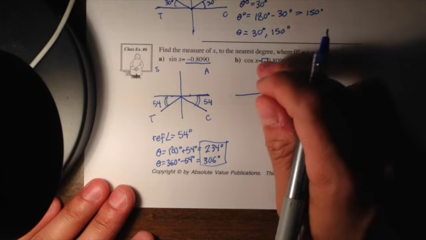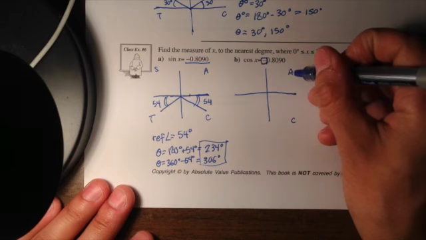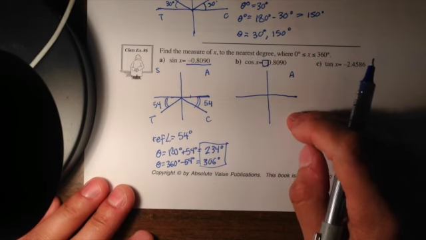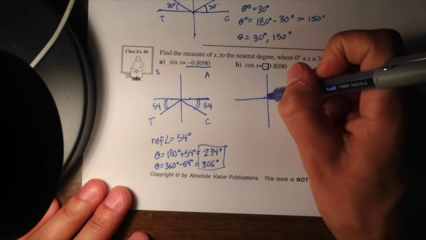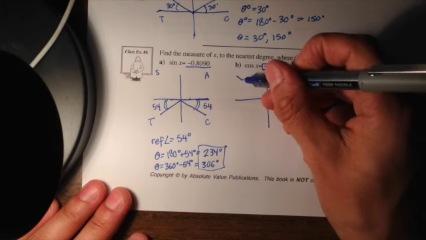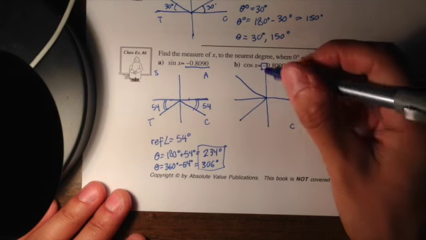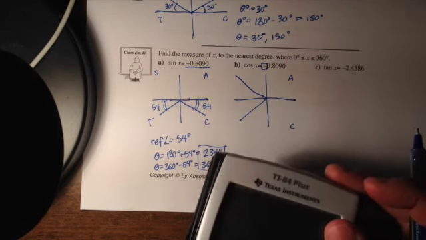Since I know that I add sugar to coffee, my cosine ratios are positive in my first and fourth quads, which means that this particular question is going to take place in my second and third quads. So my angles are going to look something like this. It's going to take place in quadrant 2 and quadrant 3.